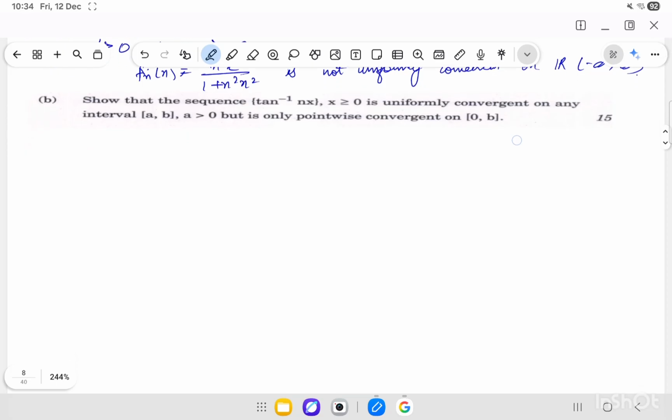So the next question is, show that the sequence tan inverse nx is uniformly convergent on any interval a comma b where a is greater than 0, but is only pointwise convergent on 0 comma b, that is if we take a as 0.